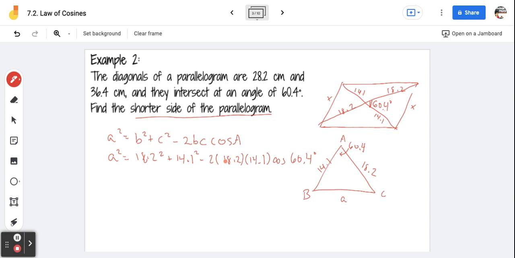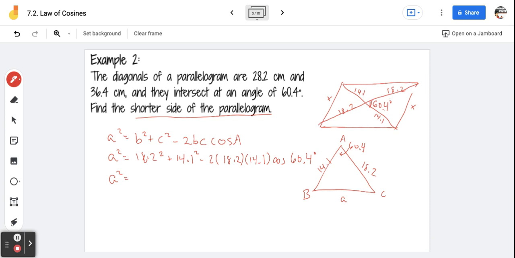All right, now I just need to go to Desmos and type all this in, or my calculator of choice. So 18.2 squared plus 14.1 squared minus 2 times 18.2 times 14.1 times the cosine of angle 60.4, if I remember right, in degrees.